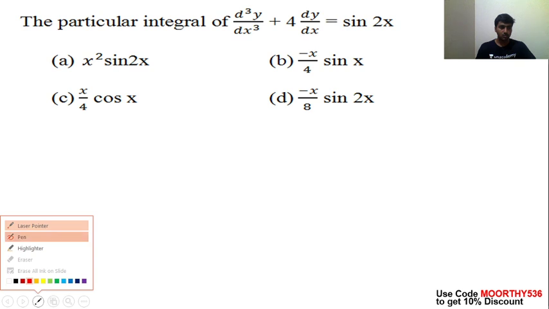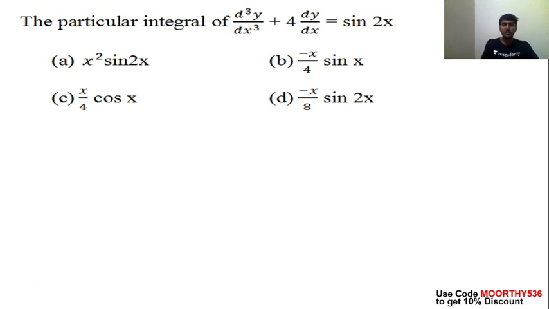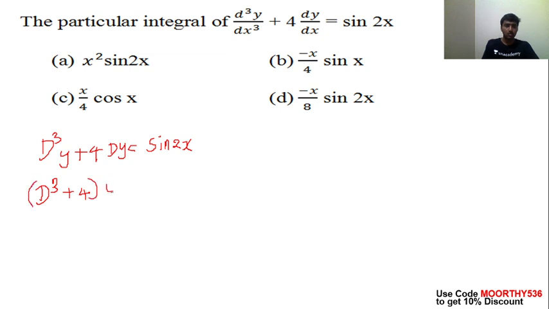The solution: we replace d cube y by dx cube with capital D cube, and 4 dy by dx with 4 capital D, so (D cube y plus 4D y) is equal to sin 2x. Taking y common, (D cube plus 4D) y is equal to sin 2x.